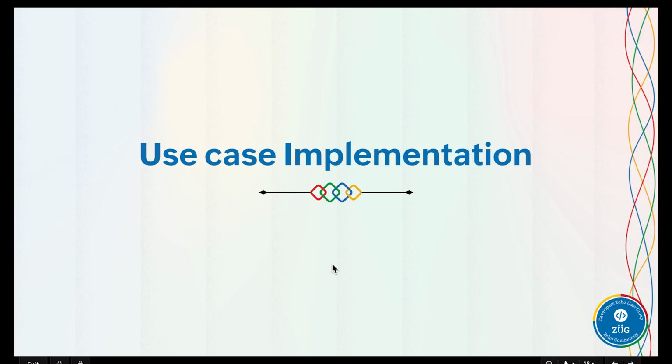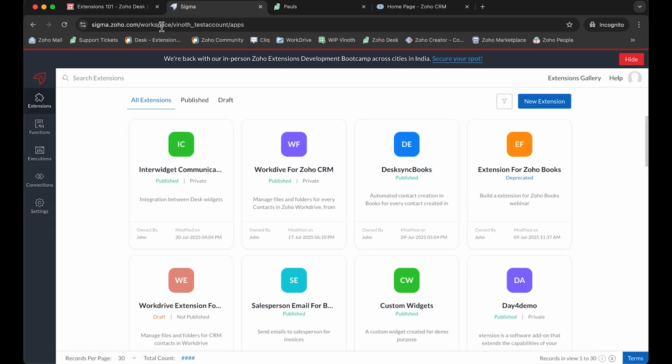As we mentioned in our previous sessions, in order to build an extension for any Zoho product, we should be using the Sigma platform. So I'll get into the Sigma platform now. Over here, you can build an extension for any of the Zoho products.